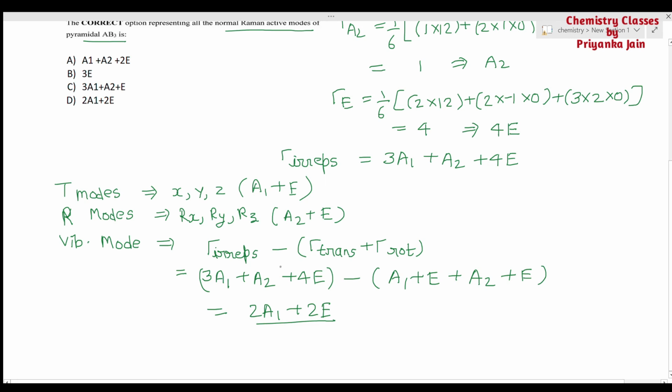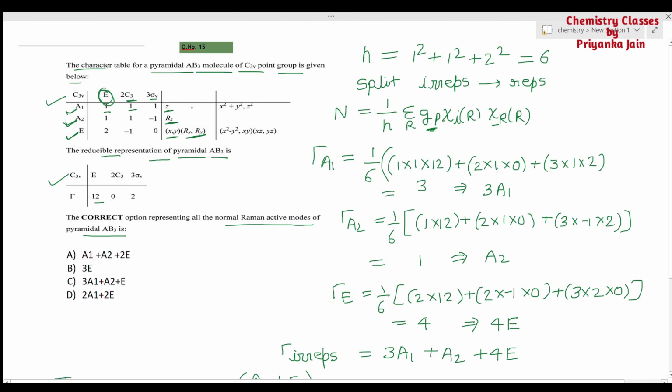Okay, now we have to find out the Raman active modes. And how can we find out? See this. For the Raman active modes, we have to see this fourth section. This is the third section and this is the fourth section. In the fourth section, if we have given terms like x squared plus y squared, z squared, or x squared minus y squared, xy, xz and yz, these are all representations of the Raman active modes.